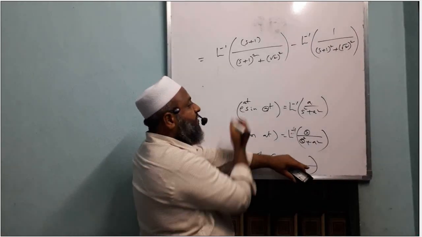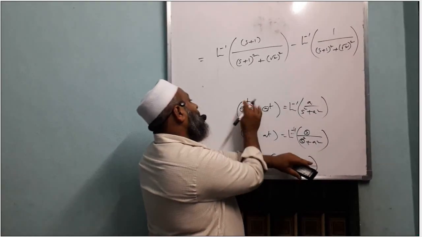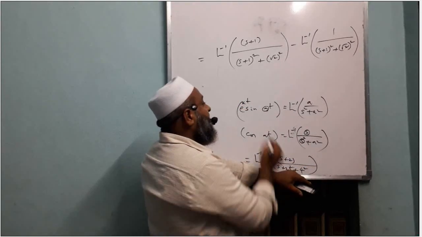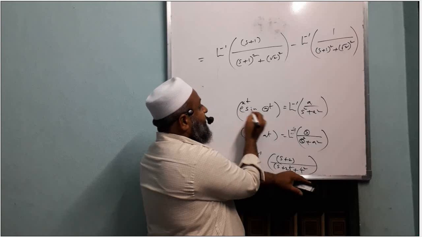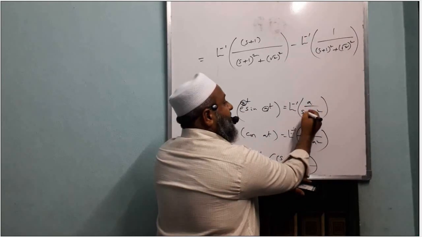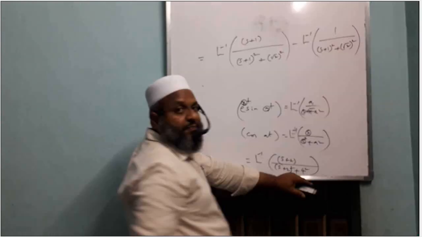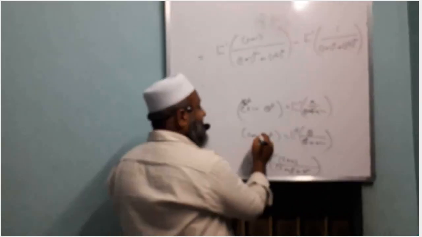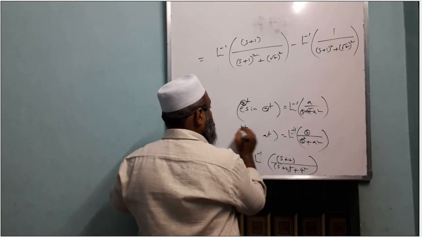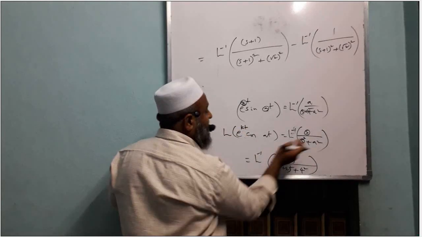If it is e power kt, then in the place of s we will have s minus k, so it will be (s minus k) whole square. If we have e to the power of kt, L of this will be in that way.